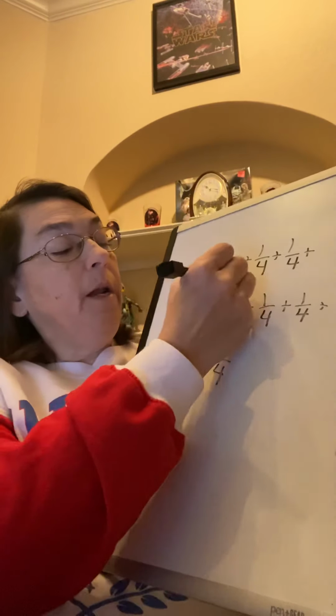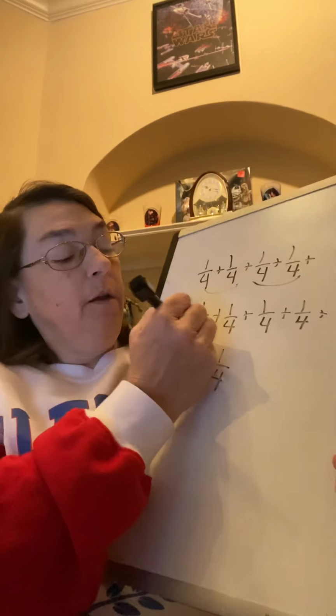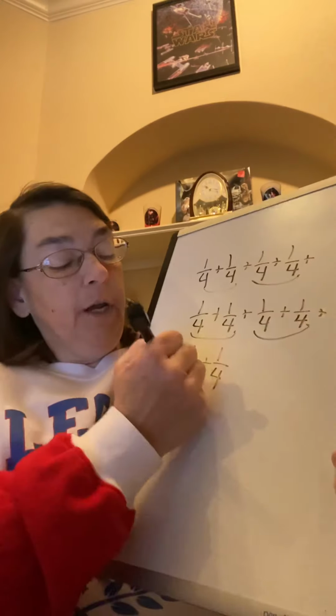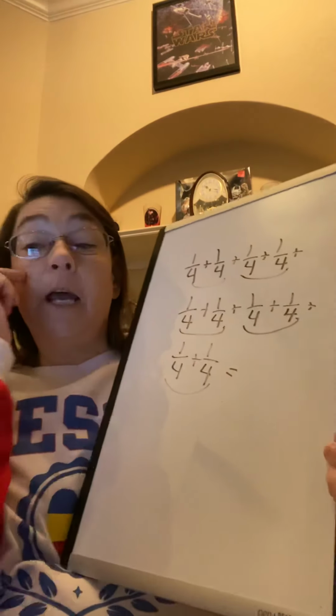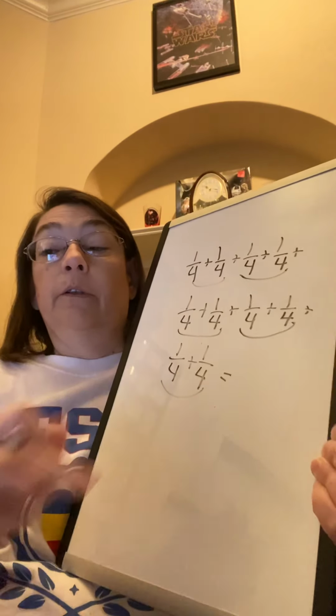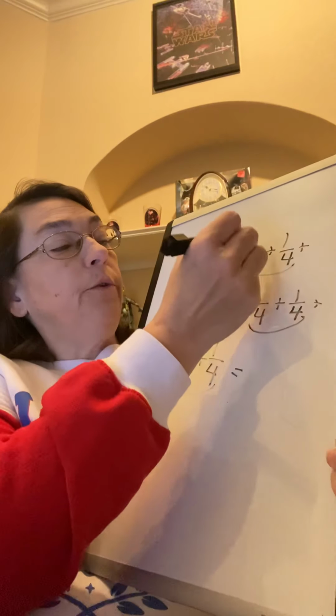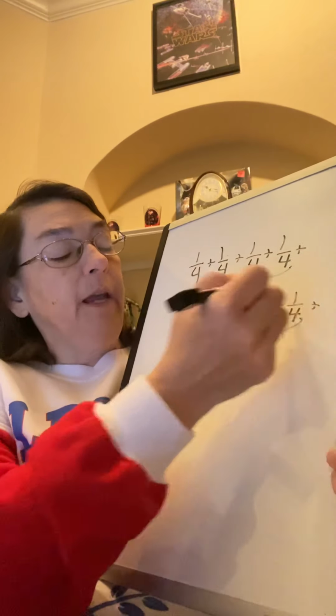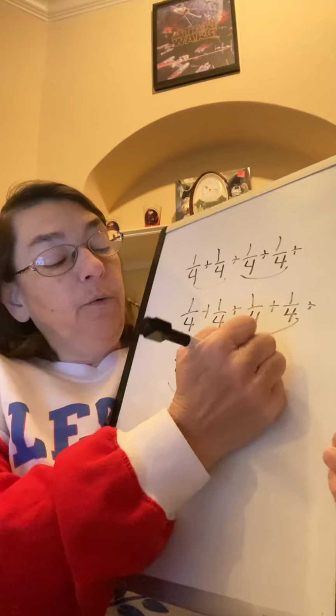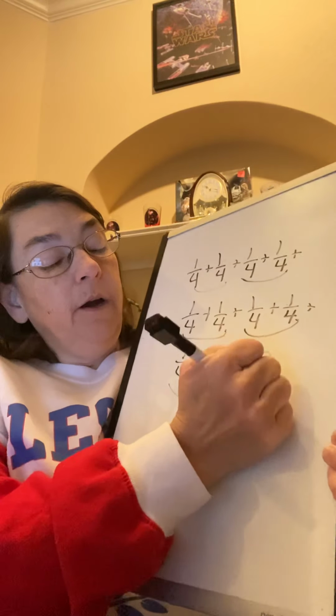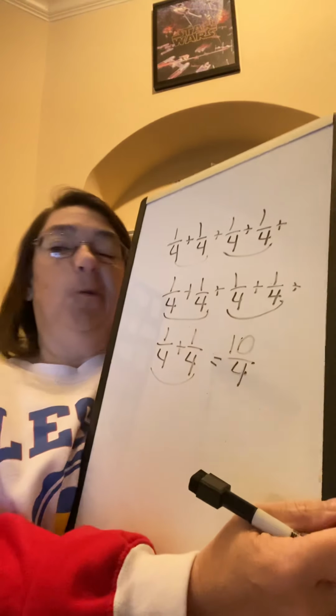So this would be Monday, Tuesday, Wednesday, Thursday, Friday. I just add that together. So 1, 2, 3, 4, 5, 6, 7, 8, 9, 10. So she walked 10/4 for the week.